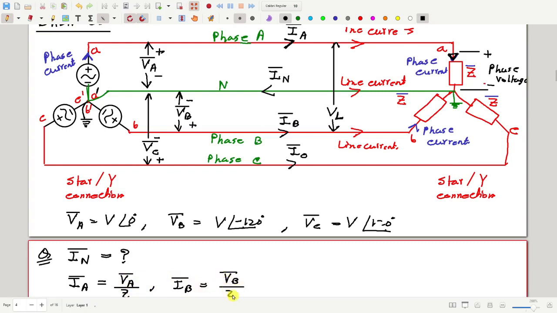VB by Z. How much is IC? VC by Z. So how much is IN? Sir, IN will be 0. But before that, if you consider this star point on the load side and apply Kirchhoff's current law, what can we write? IN is IA plus IB plus IC. So we have to add these three currents.